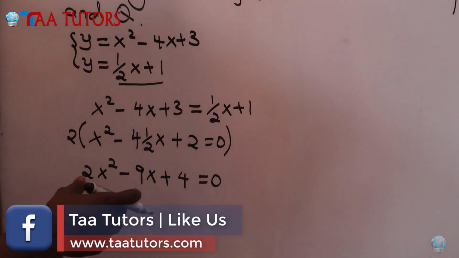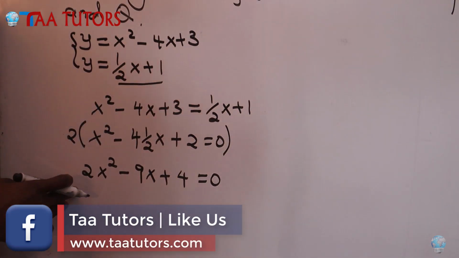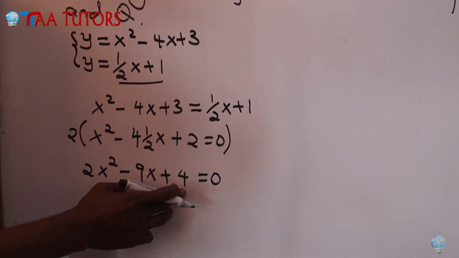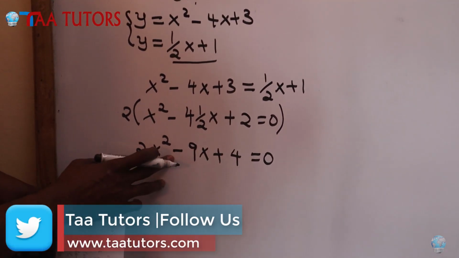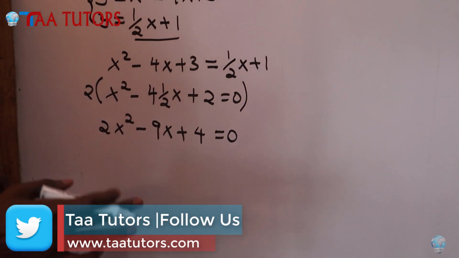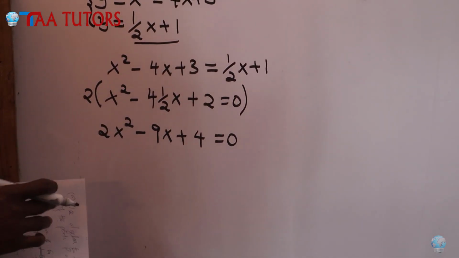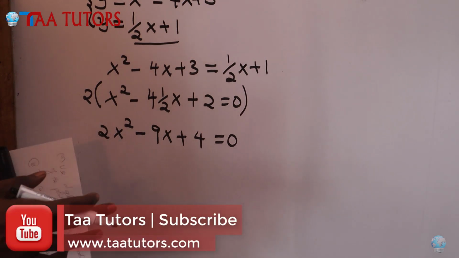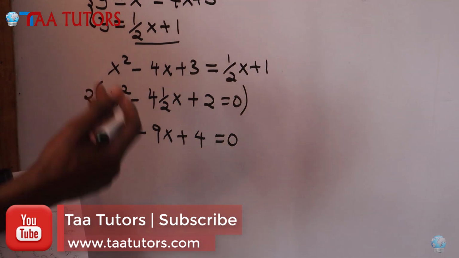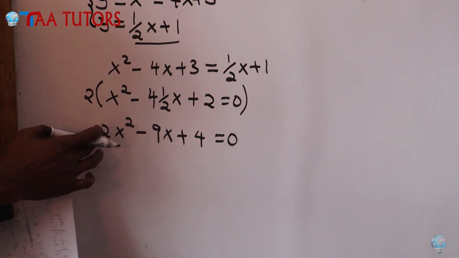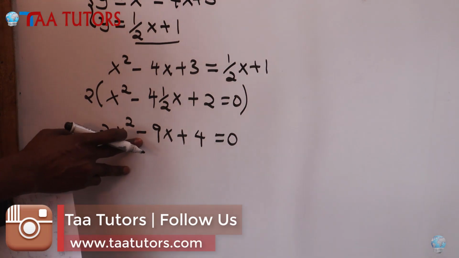So viewers, we have to look for the product here. This is 2 times 4, which is 8, a product of 8, and a sum of negative 9. The two values should be negative 1 and negative 8. If you multiply negative 1 by negative 8, you get positive 8, which is 2 times 4. If you add, you get negative 9.